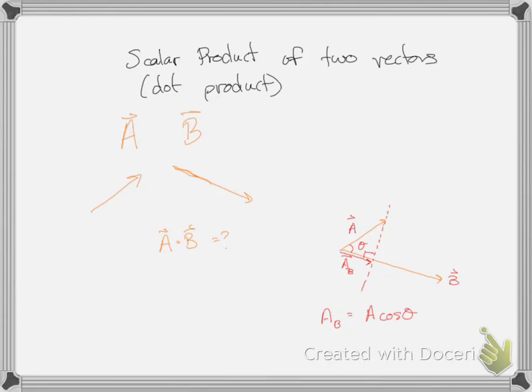That's the magnitude of the projection. And so the scalar product is just the projection of A along B times B, the magnitude of B. That's the scalar product of A dot B. So it's going to be A cosine theta times B. The length of A times the cosine of theta times the length of B.